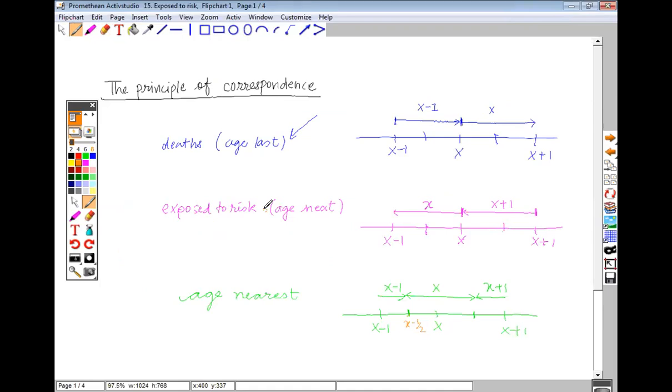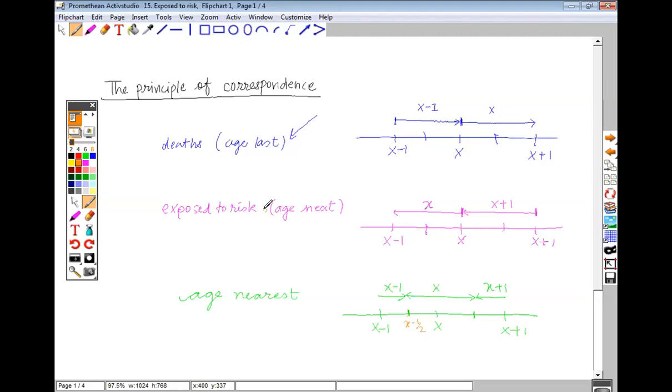So in that case, if you have two different age definitions being used, you will have to convert your exposure data to suit the definition that people might have used in recording the deaths. But you might ask the question, why can't we convert the death data to suit the definition of the exposure data, which is again just the principle of correspondence. So the question is, what is much easier and also what makes much more sense.